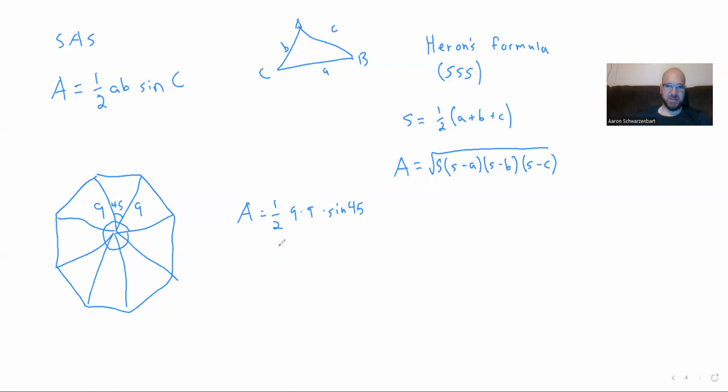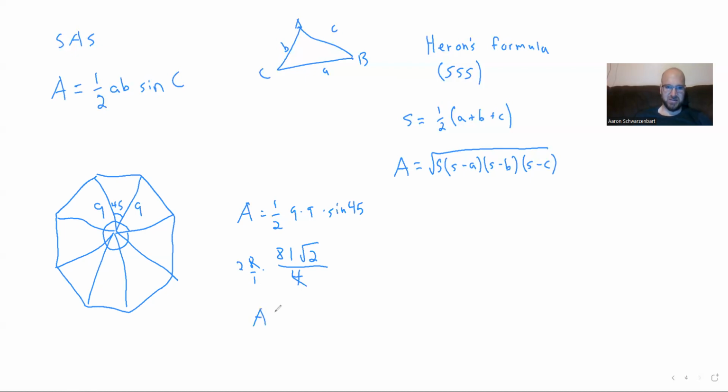That's 81. Sine of 45 is square root of 2 over 2. This is also over 2, so it's 81 square root of 2 over 4. I have 8 of those triangles, so I multiply it by 8. That cancels with this 4 and 2.